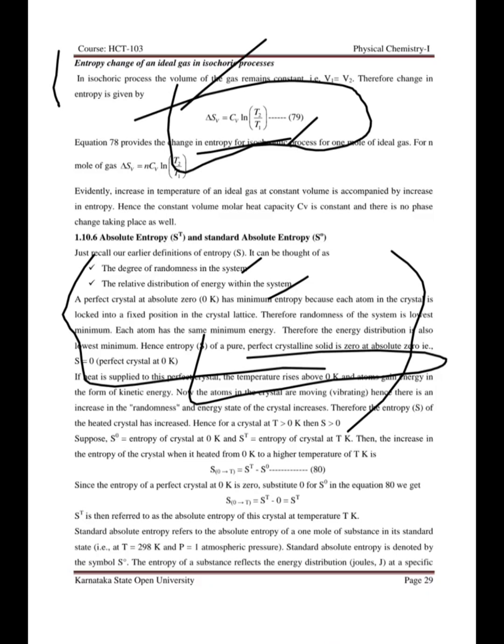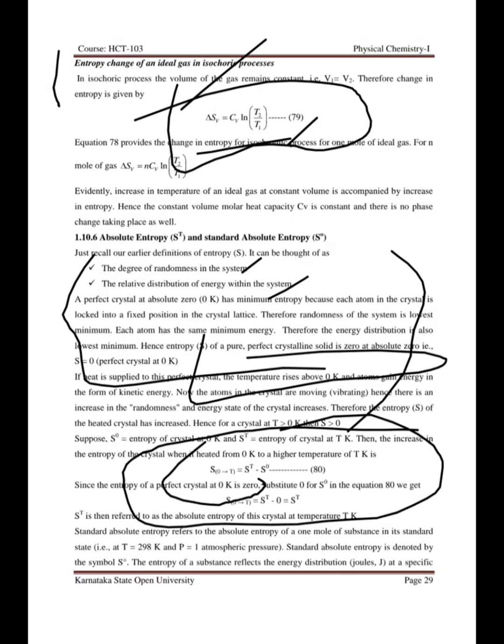And next, when the temperature is greater than 0 Kelvin, two different equations have been derived here. When the temperature is greater than 0, the entropy is greater than 0. That is from 0, where S is entropy. S from 0 to T means from 0 to the highest temperature. S_T minus S_0, that is what you are going to get in the equation.